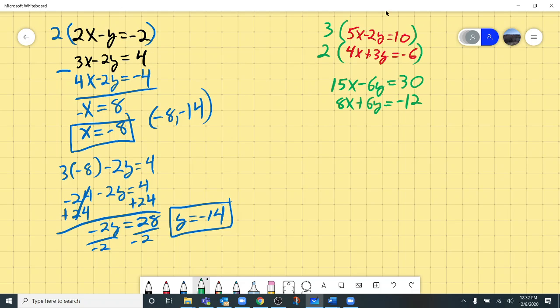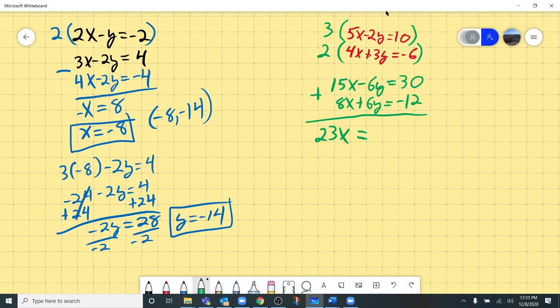Okay, so I have opposite signs this time, but the same number. So I'm going to add them. If I add them together, that should cancel them out. If I subtract them, then it puts them together. So 15x plus 8x gives me 23x. That's pretty. 23x. Negative 6y plus 6y gives me 0.